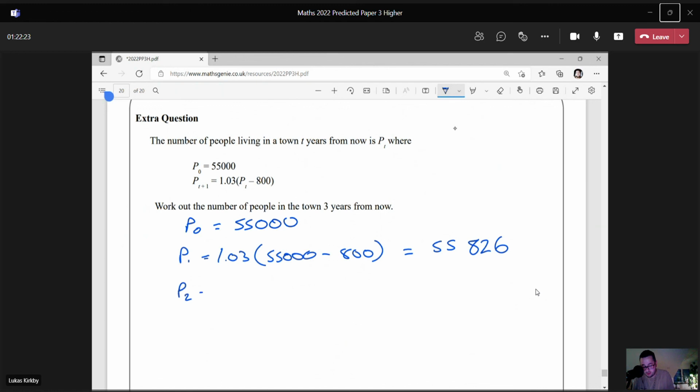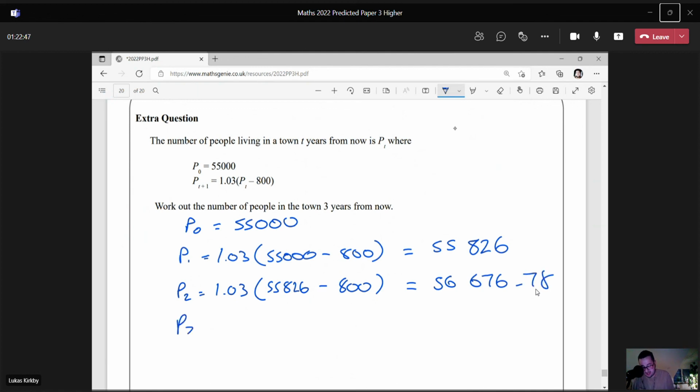So p_2 is going to be 1.03 brackets, the previous one, which is 55,826, minus 800. And that is going to give me 56,676.78.